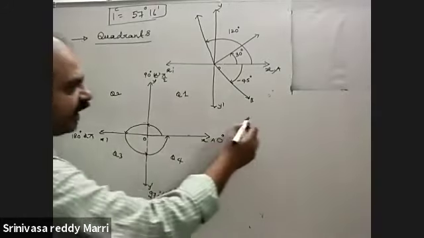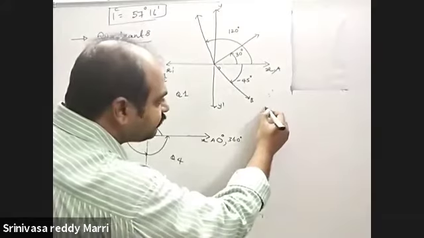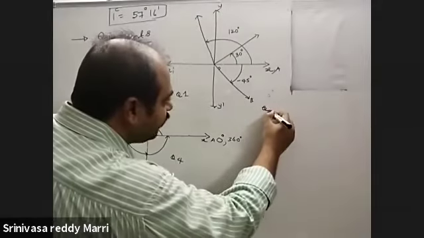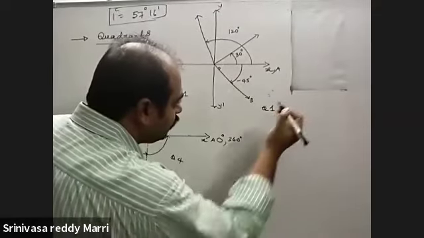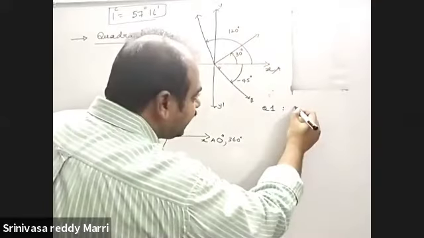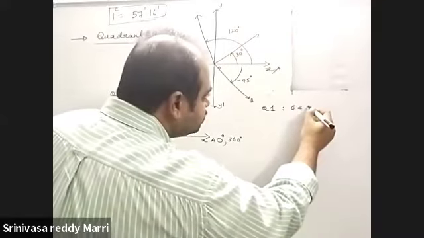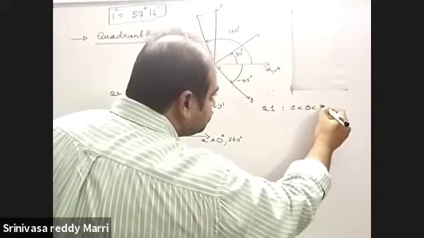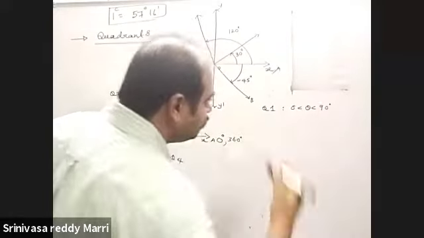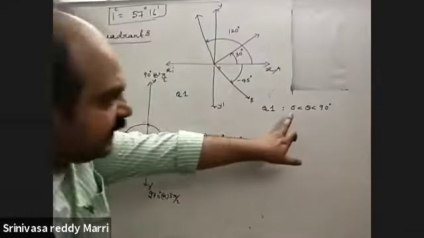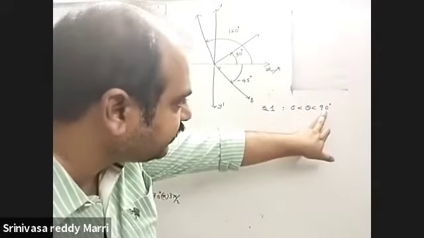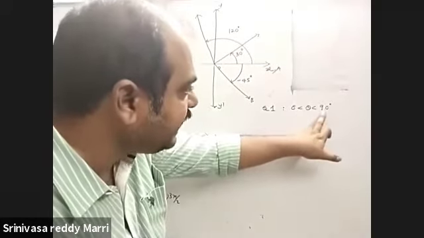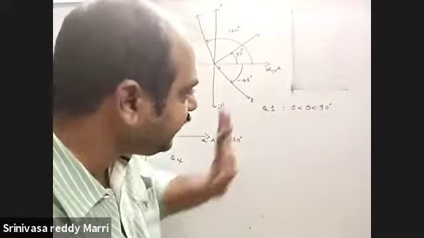That means in quadrant 1, what angle must it be? In quadrant 1, any angle will be between 0 and 90, not including 0 and 90.